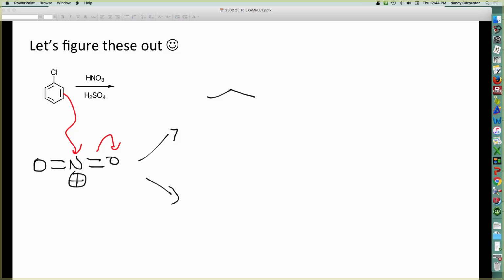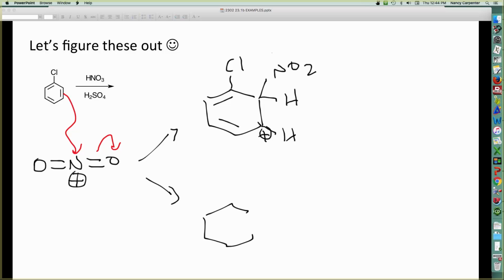My two choices would be to put my NO2 group here, with my carbocation there, or alternatively, carbocation here, NO2 group here.